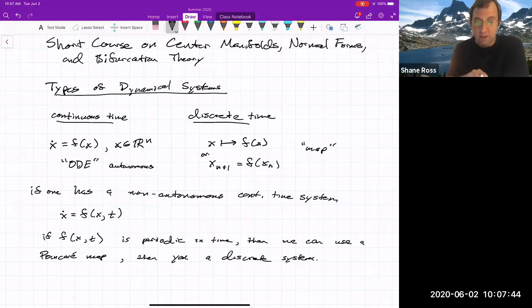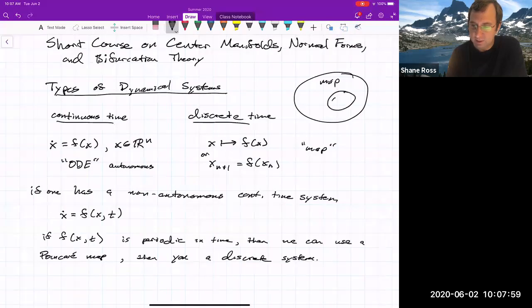For every continuous time system you can create a map, but it's not the case that for every map you can create a continuous time system that gave rise to it. If we were to make a little Venn diagram, types of dynamical systems are maps, and then there would be continuous time systems that came from maps, or that can produce maps. But maps are the more general one.